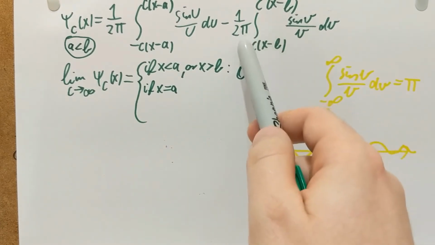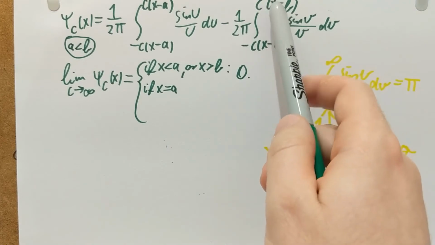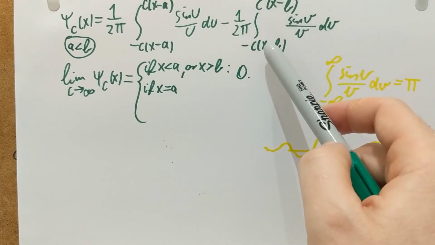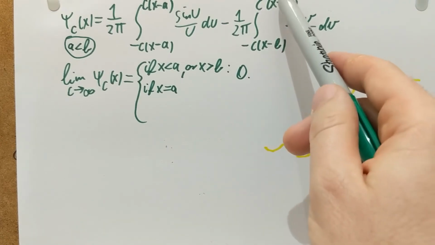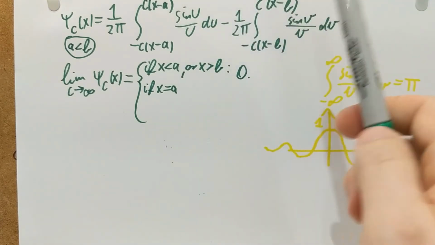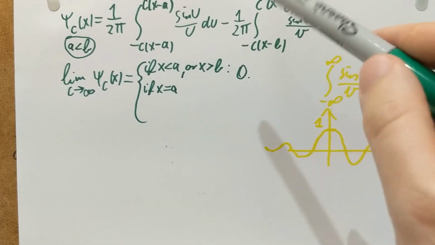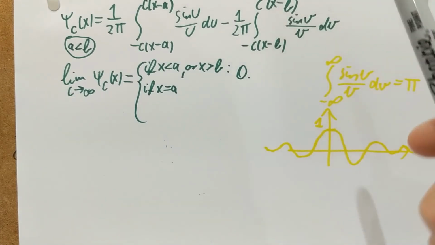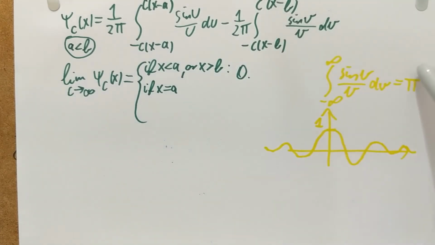So this part is positive, whereas a minus b is negative. So I go from positive infinity to negative infinity. I can use the minus sign to swap that around, and then in total I have from negative infinity to positive infinity. The integral is pi.